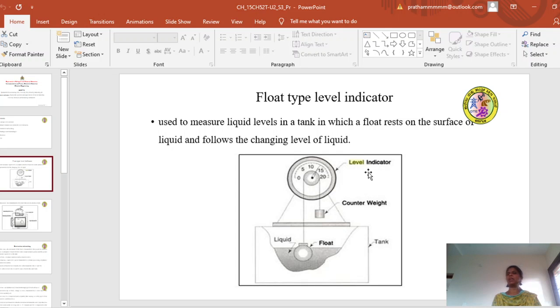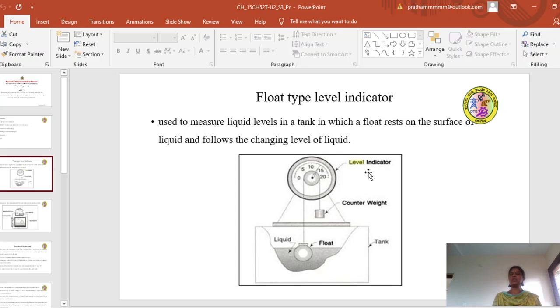The float type level indicator is used to measure the level of a liquid in the tank, in which the float rests on the top of the surface of the liquid. So on change in the level of a liquid in the tank, the float either rises or falls, changing its position with the change in the level of the liquid.